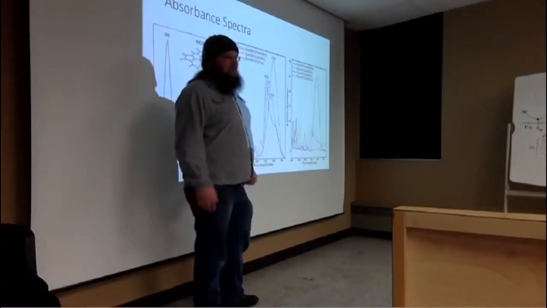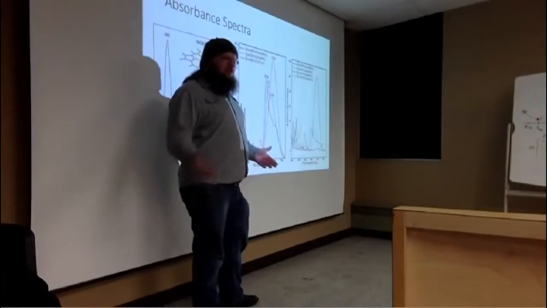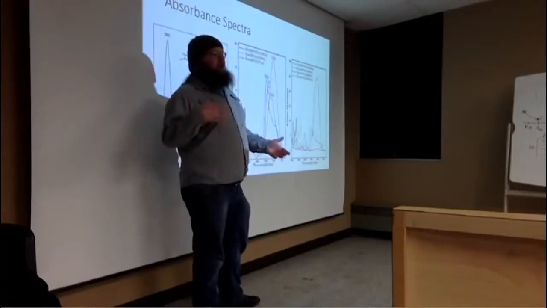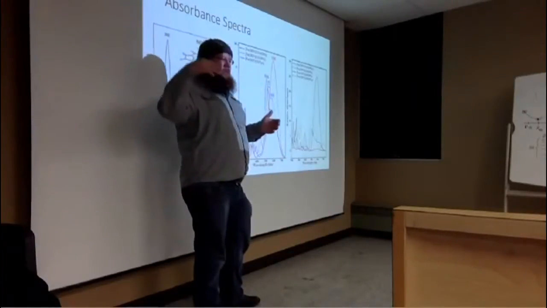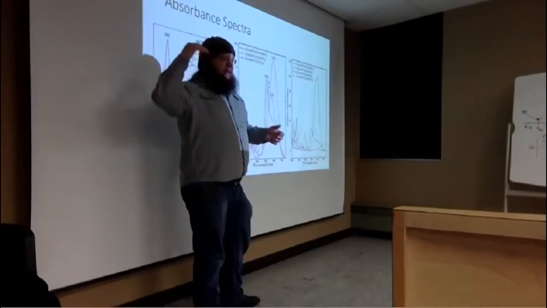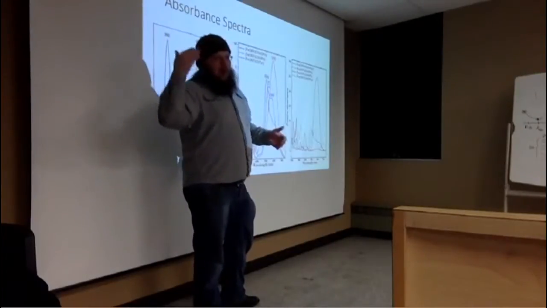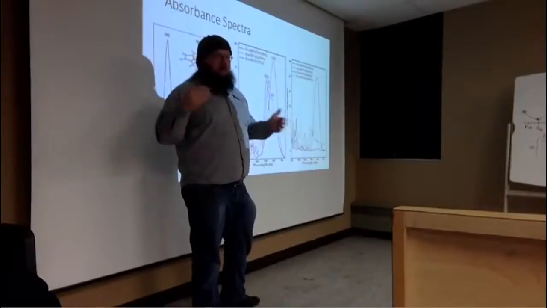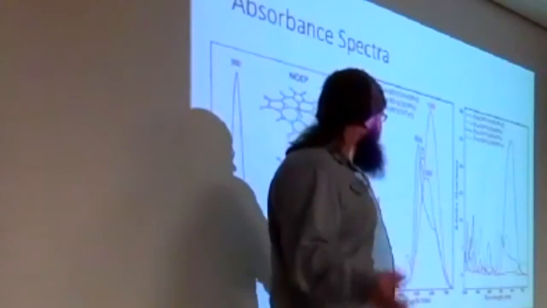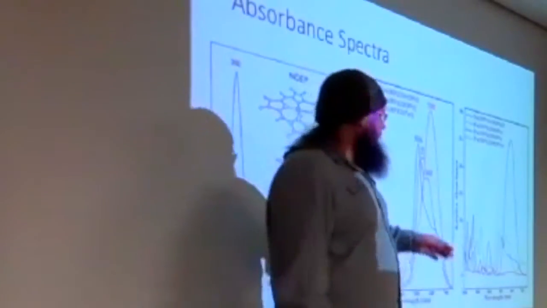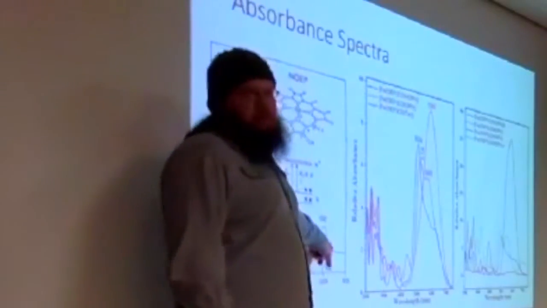But there isn't a whole lot out there drawing parallels as to why one Q band is where it's at. Mm-hmm. So experimentally, they basically just say it is here at 552.